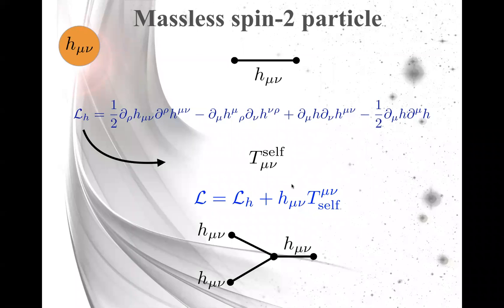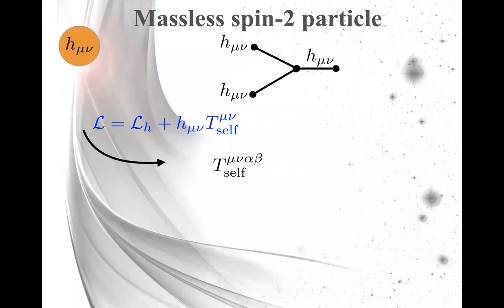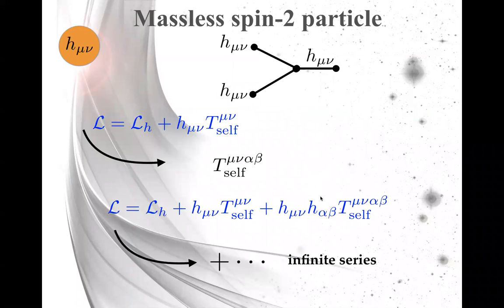So now you have your cubic interactions, and you can now do this bootstrapping order by order. So now you take this as your starting Lagrangian, you compute the T_μν associated to that, and then you couple it to itself. And when you do this bootstrapping, you see that you have an infinite series of interactions, which you can sum.